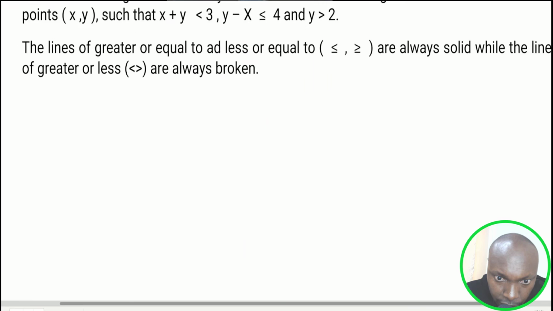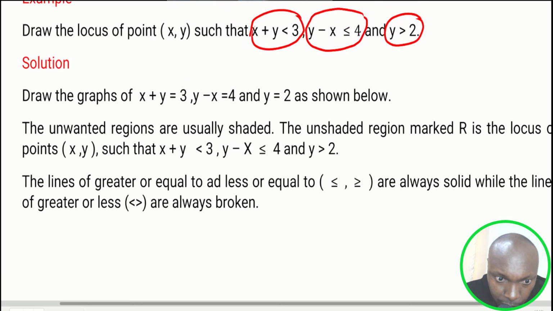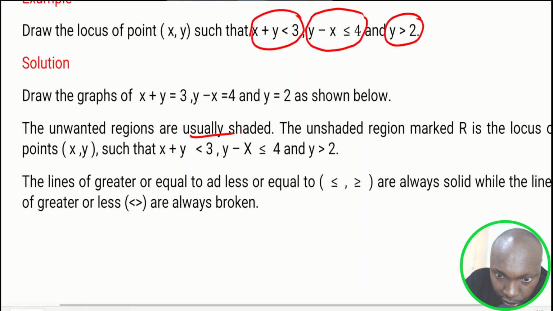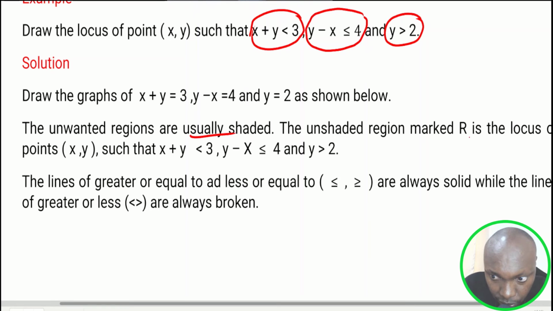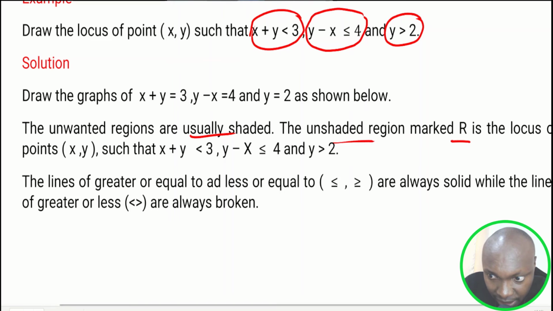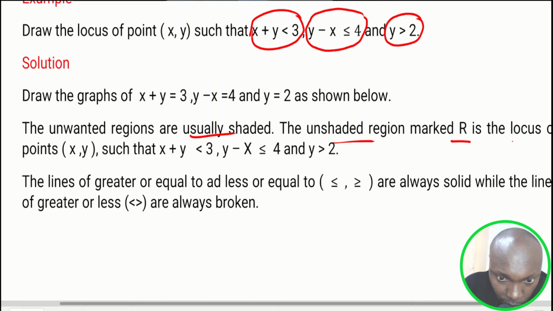We've said that we shade the unwanted sides, which is very important here. The unwanted regions are usually shaded. The unshaded region marked R is the locus of points xy that satisfy these 3 inequalities.